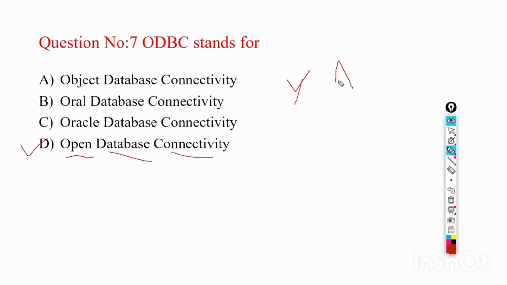Question number 7. ODBC stands for what? Object database connectivity, Oracle database connectivity, Oracle overall database connectivity, Open database connectivity. So the correct answer for this question is option D. ODBC stands for Open database connectivity.